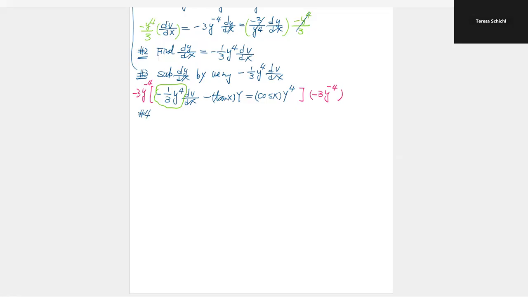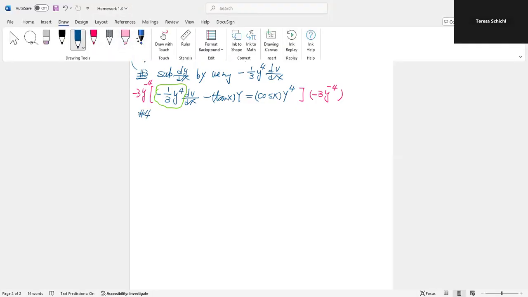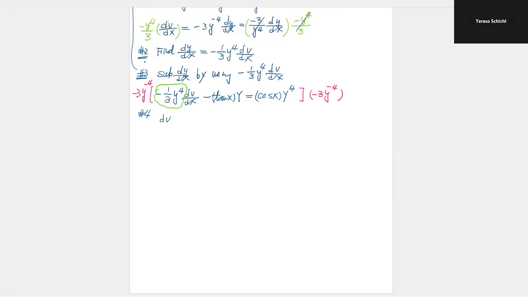All right, so let's take a look. The first numbers here: -3 times -1/3 is 1, so these things cancel and I will have dv/dx.